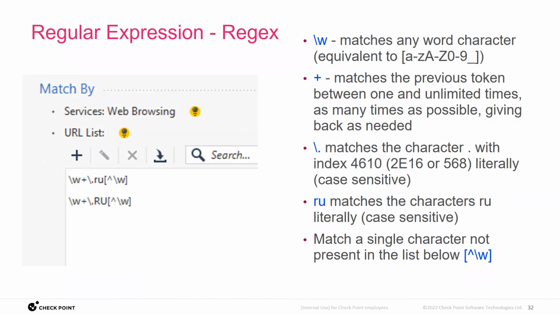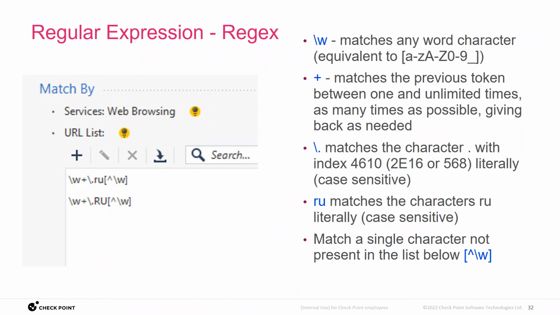All right. So what does the first \w represent? It matches any word character, A through Z, capital letters, numbers, any character in the front before the .ru. The plus basically means it doesn't matter the number of characters before. It could be 3 characters, it could be 100 characters, it could be 1,000 characters.